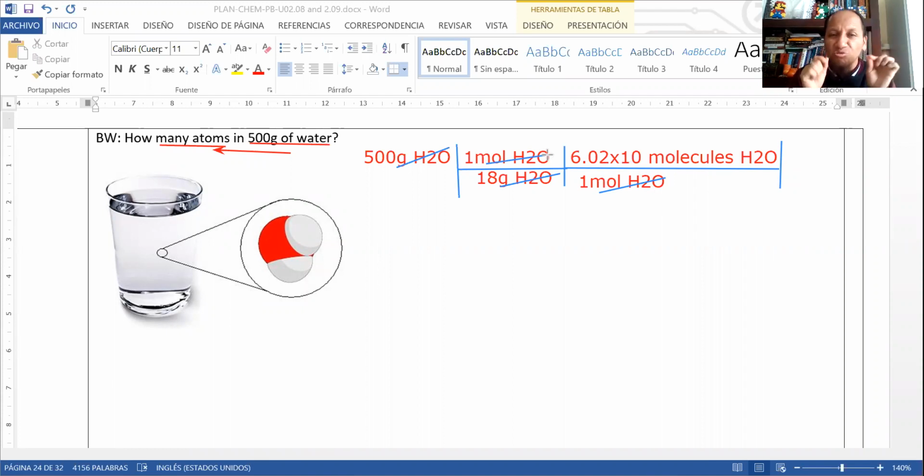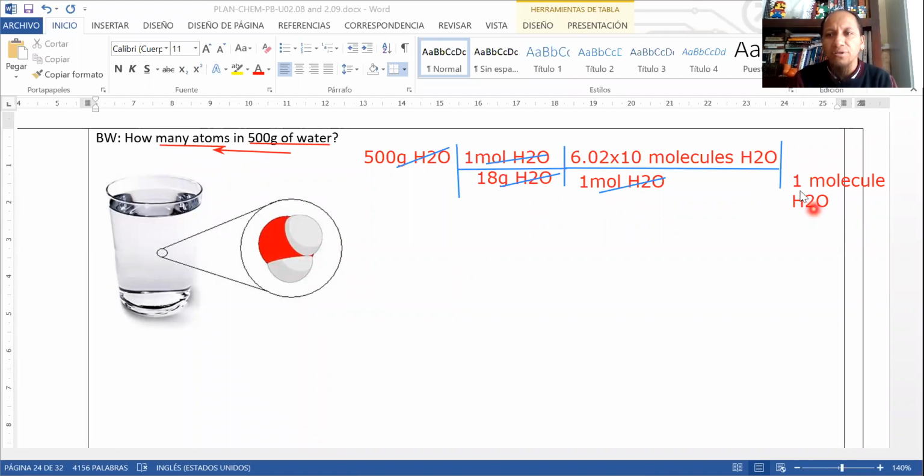Once again, the question wasn't about the molecules, it is about a specific number of atoms. So let's go to the other part again. You know that 1 molecule of H2O has specifically how many atoms in 1 single molecule? Well, if you count, H2O has 2 hydrogens and 1 oxygen.